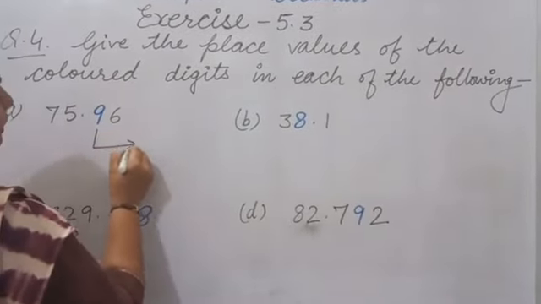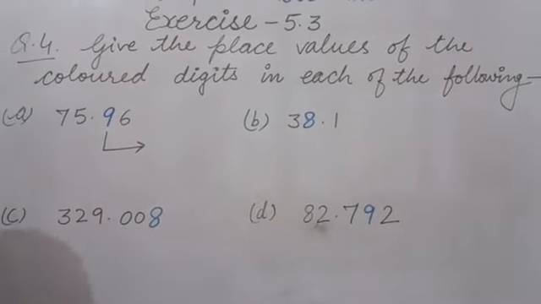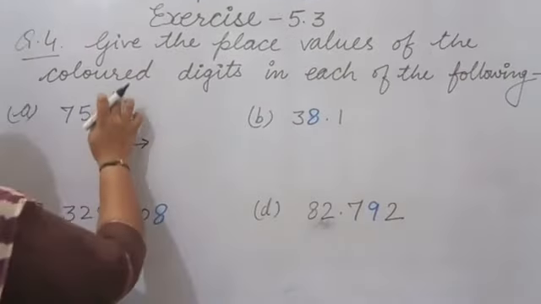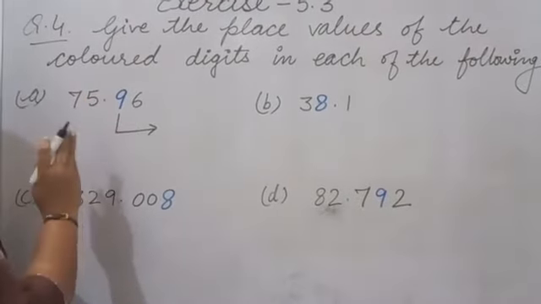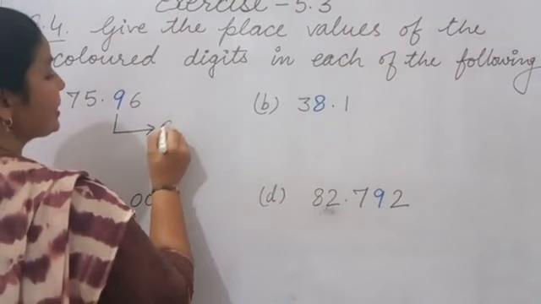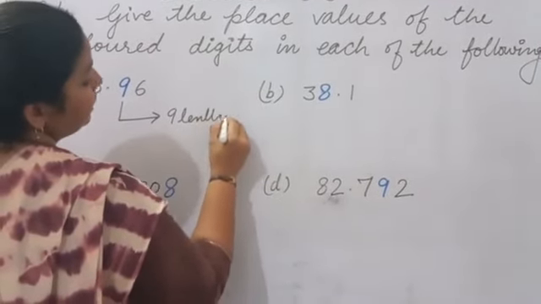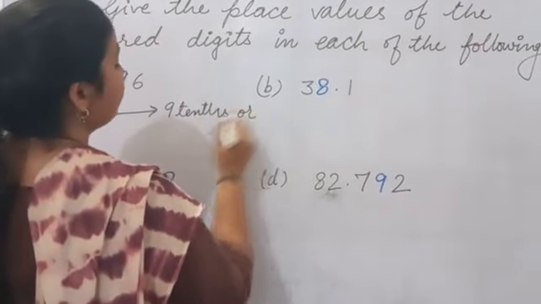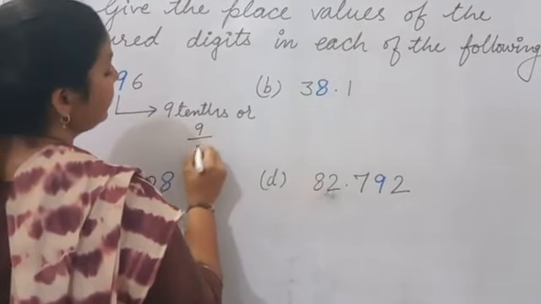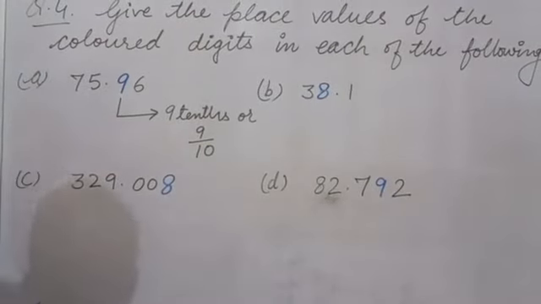As I told you, this 2 method you can write in spelling also and you can write in the figure also. So 9 is on which place? On the tenths, because after decimal first place is tenths. So you can write like this, 9 tenths. Or second one is what? 9 upon 10. As you wish you can write like this.